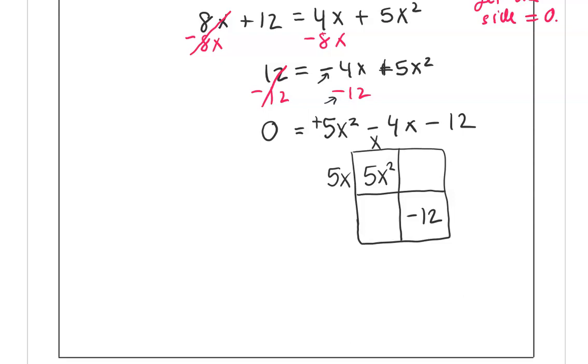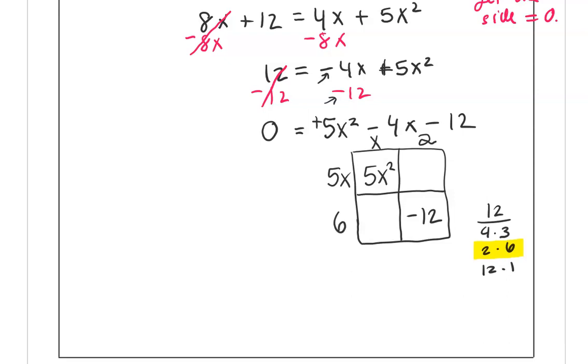But for 12, I can either use 4 and 3, 2 and 6, or 12 and 1. So I'm going to do some guessing and checking with those possible combinations. So I think I'm going to try the 2 and 6 first. And I'm going to try having the 2 go opposite the 5.